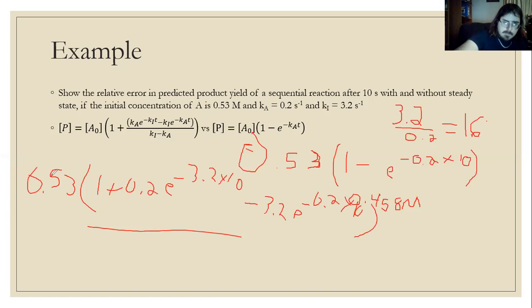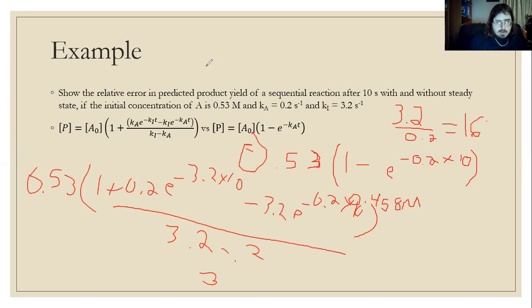Already out of room. So all that is over 3.2 minus 0.2, so that's going to be 3 on the bottom.